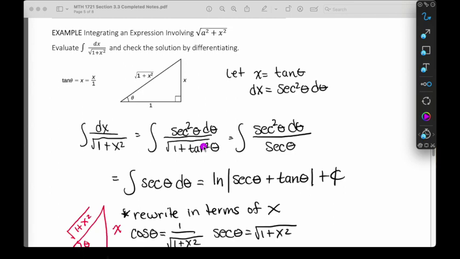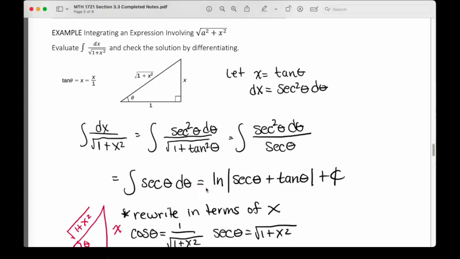And when I square root secant squared, I get secant. So now I have the integral of secant squared d theta over secant, and when I reduce this, I'm left with the integral of secant theta d theta, and we can directly integrate this using one of our formulas.